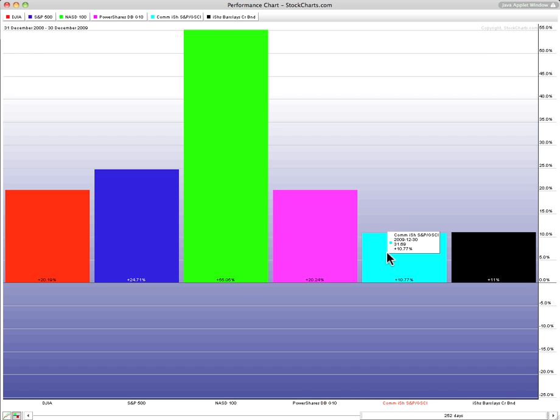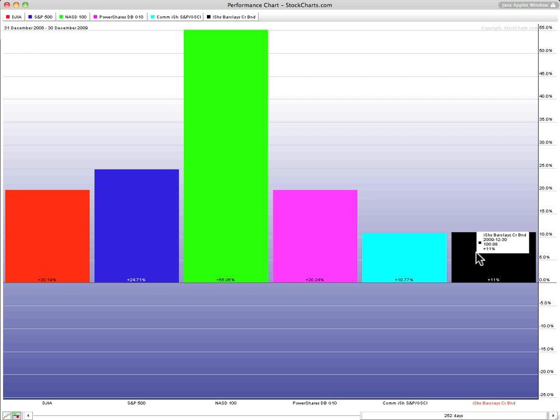For commodities, the benchmark used is GSG, the iShares Global Commodity ETF, which tracks 24 different commodities across energy, agriculture, industrial metals, livestock, and precious metals.